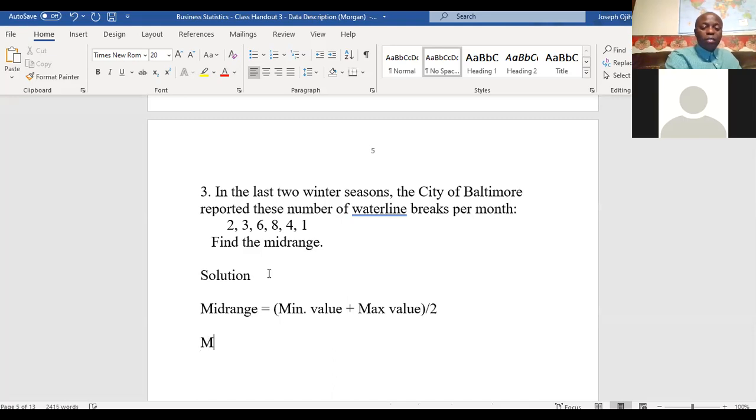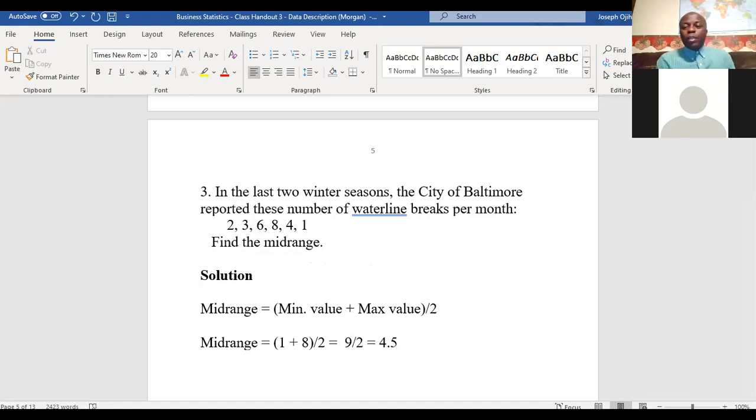So the mid-range here, in this example, becomes the minimum value there is 1, and the maximum value is 8, divided by 2. And that will give us 1 plus 8 divided by 2 means 9 divided by 2, which is 4.5.